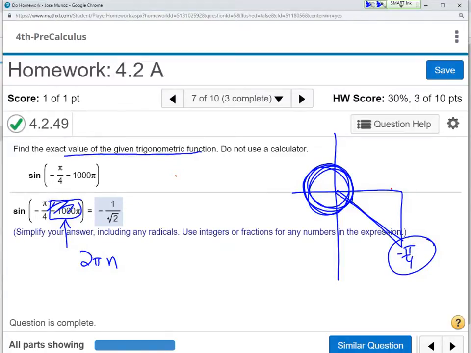Now, if they said, how many revolutions did this have, then that would matter. Then I'd be after this number, and this number would be irrelevant. So if it was positive, it would be a different answer, right? Because you'd probably end up at the top.